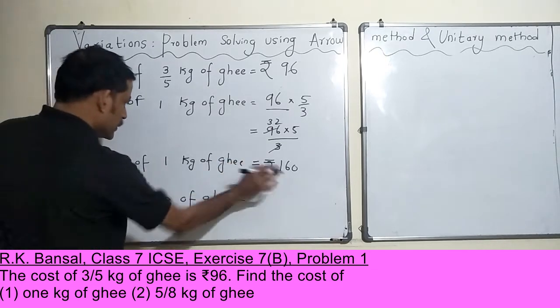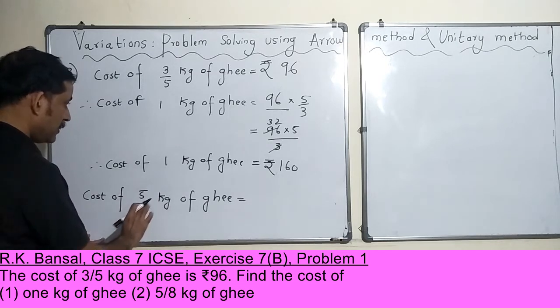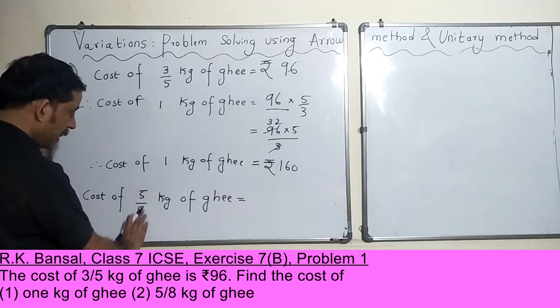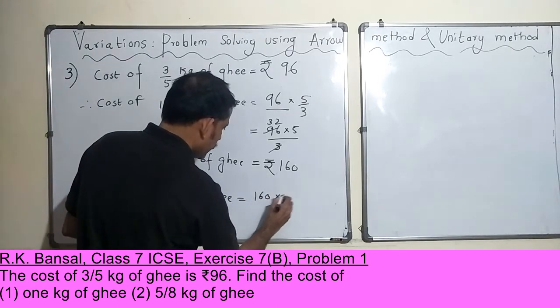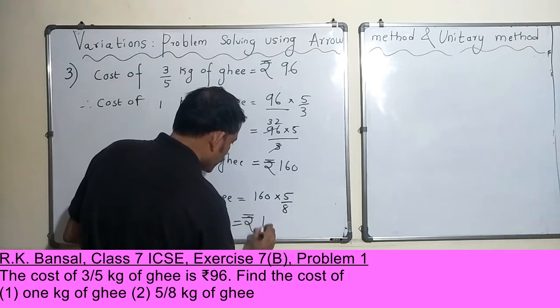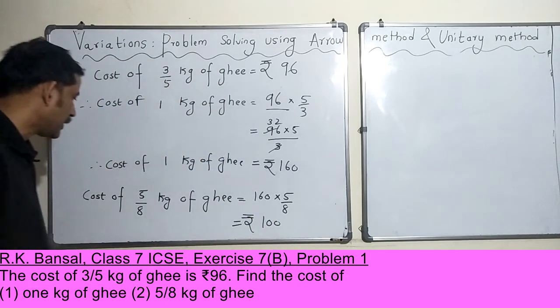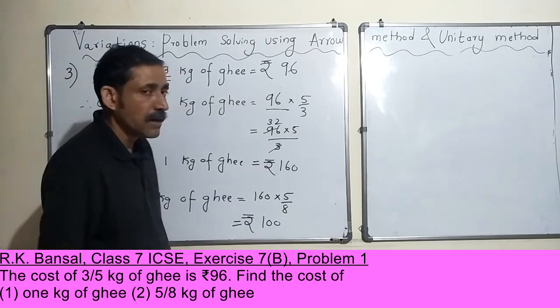I already know it is 160 rupees. So, now I multiply this side by 5/8. If I multiply 1 into 5/8, I will get 5/8 here. So, I also need to multiply the right hand side by 5/8. So, this becomes rupees 100.